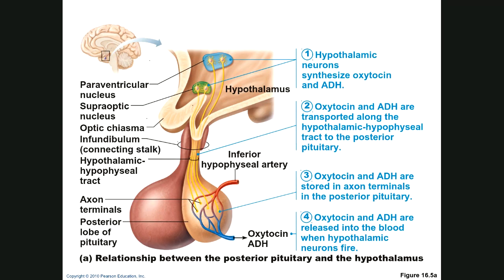So you get the production, and then you get stimuli up here in the hypothalamus. For either of these hormones, when they're needed, they'll be released into the blood vessels when these hypothalamic neurons fire. So the posterior pituitary is simply a storage and release facility for oxytocin and anti-diuretic hormone.